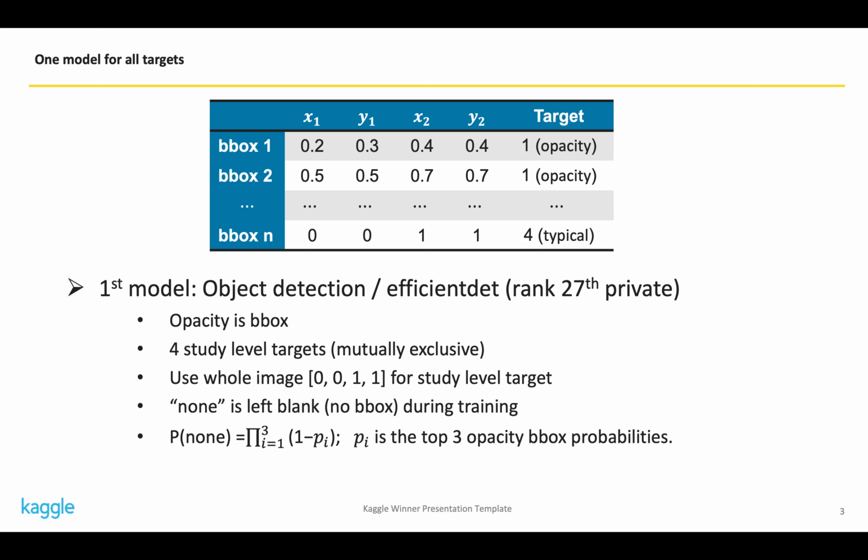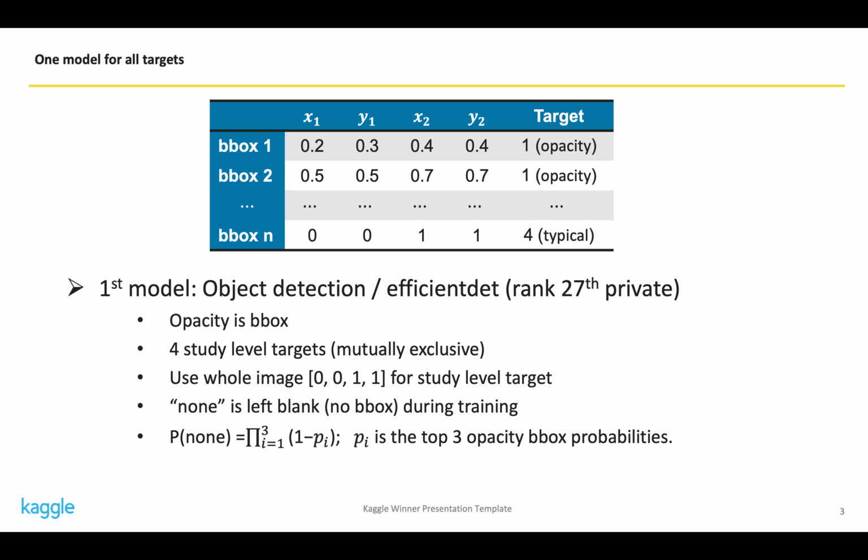Because of the special treatment of the label assignment of object detection, if the 4 study level targets were not mutually exclusive, there could be some conflict, so it wouldn't work. Here, because they are mutually exclusive, it will work.